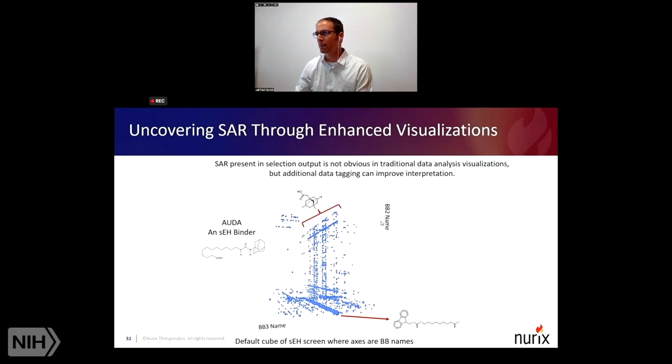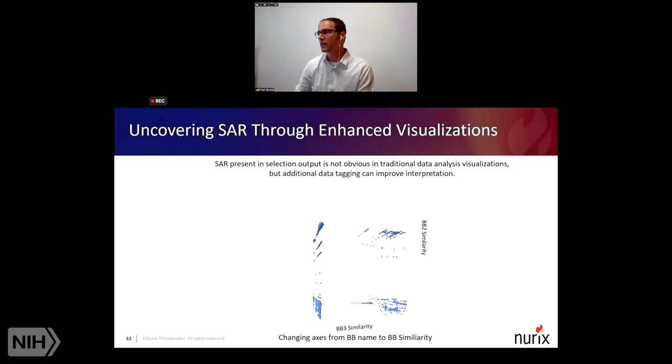And I want to suggest that using building block names on these axes does provide a great structure, but there's no real inherent value in the naming schemes most of the time. And so I'm going to suggest that these axes are perhaps not the most valuable or productive axes to use. And perhaps let's try to understand the chemical similarity when we're constructing these cube plots, and what does that do for us?